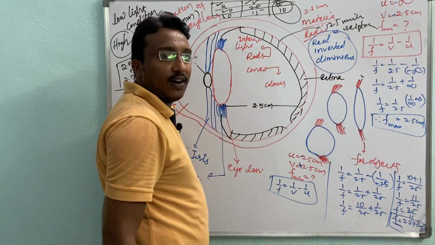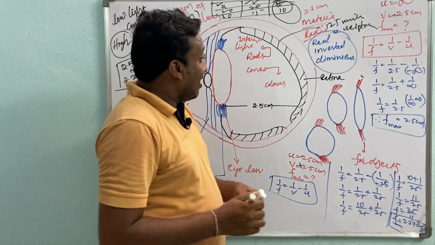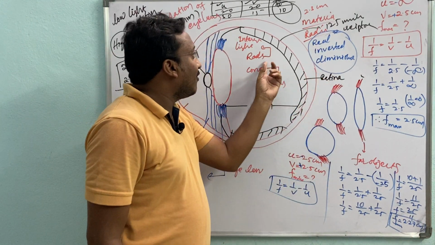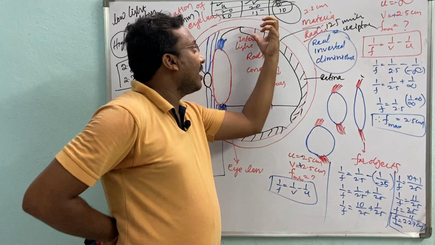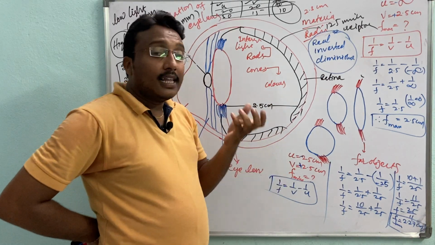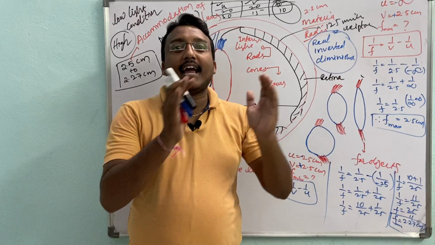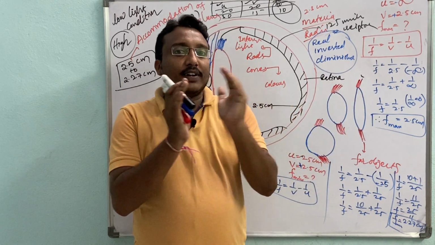Then rods are sensitive to the intensity of light. If rods are absent in a person's retina, the person is unable to find the difference between day and night.